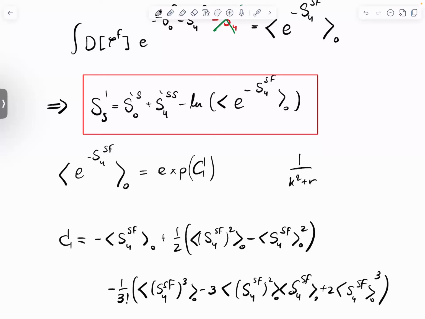And let's imagine that k is of the order of lambda. I'm assuming that r is much smaller than lambda and that u is much smaller than lambda in the right units. They don't have the right units, but you understand what I mean. If you make them dimensionless, then they're much smaller than the relevant scale at the cutoff. So I'm looking at very large k, where these terms are still considered to be small.